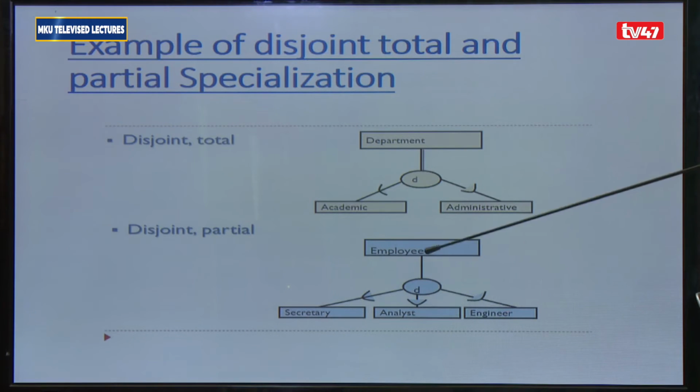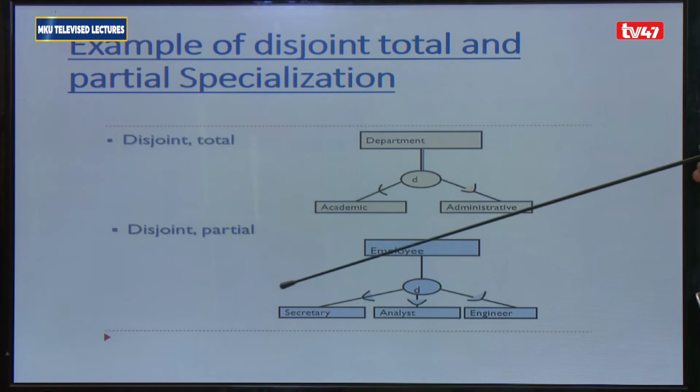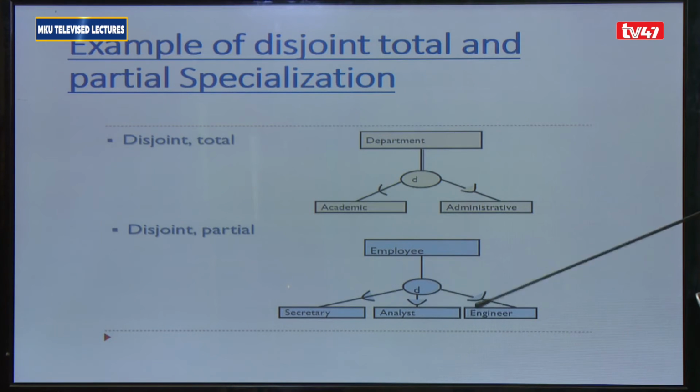But this lack of the two lines takes care of a scenario where an employee is not a secretary, analyst, or an engineer. So if you bring another employee, maybe he's in the security department, for example, would fit as an employee. Because that employee does not fit in any of these.